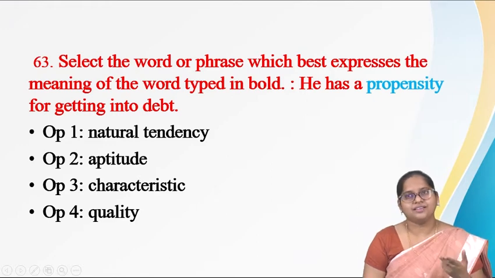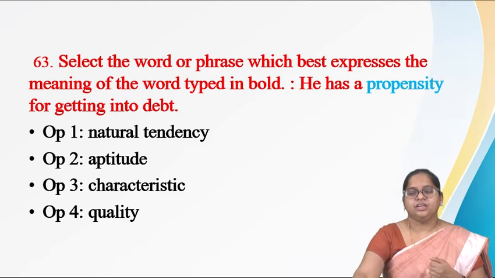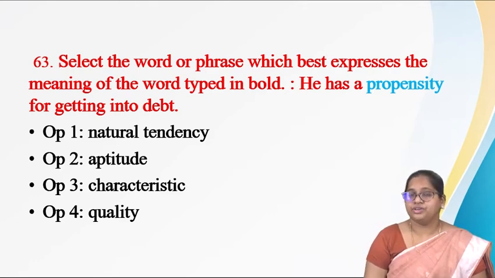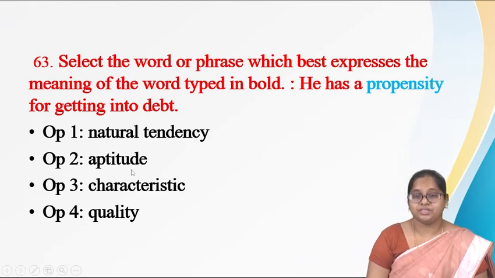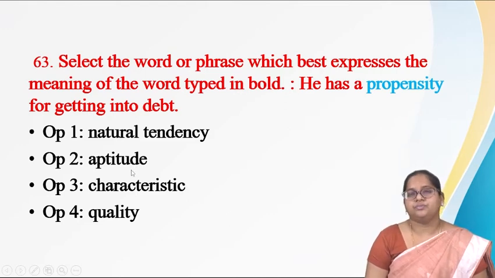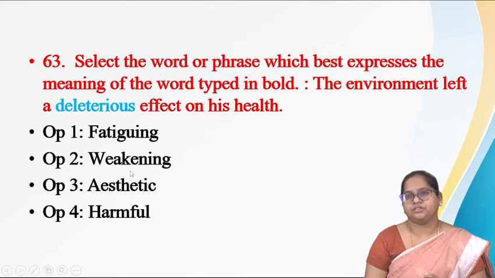Okay? So he has a propensity for getting into debt. So that is the meaning of it. Next, option 2 is the right answer. Even if you keep option 1, it may be right, but it again depends upon the type of answer they feed in the computer.